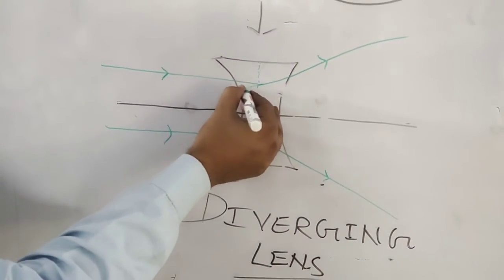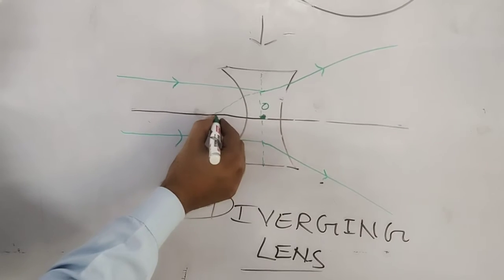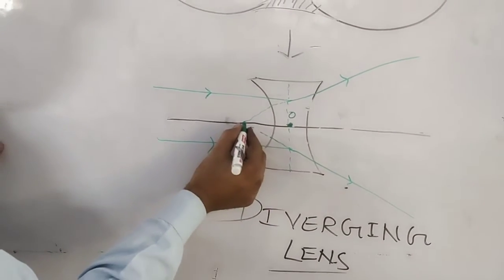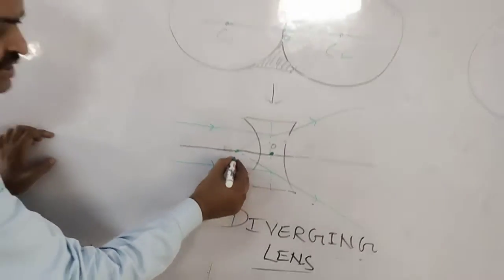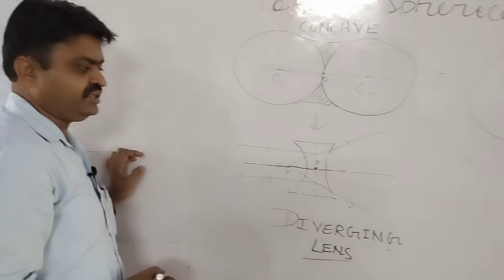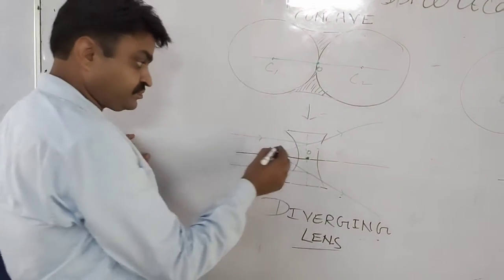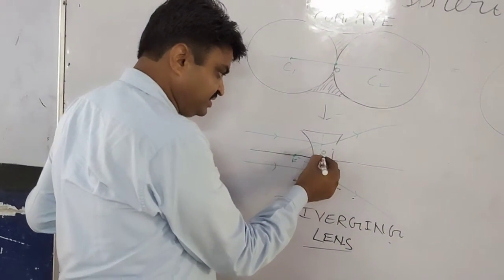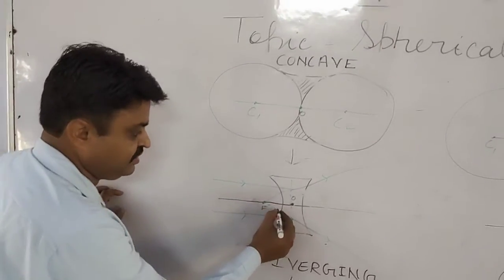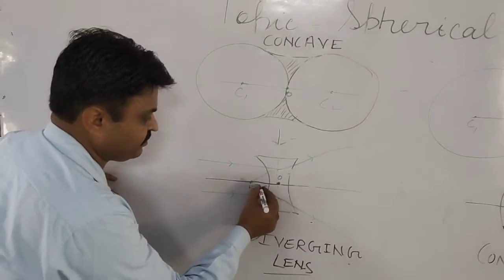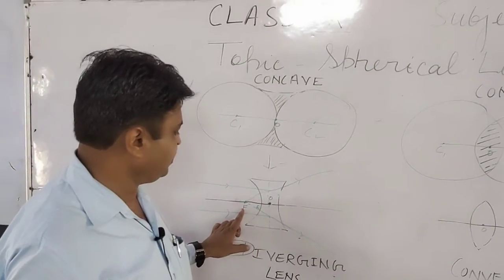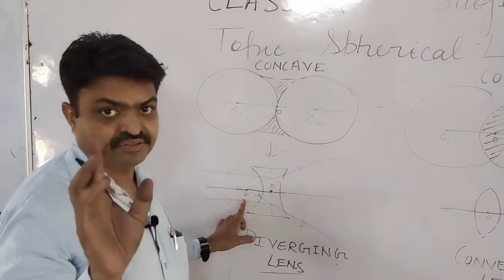They appear to meet at one point, this point, and this point is known as the principal focus. The distance from the optical center to the principal focus is known as the focal length. Means the distance between O and F is known as the focal length, student.